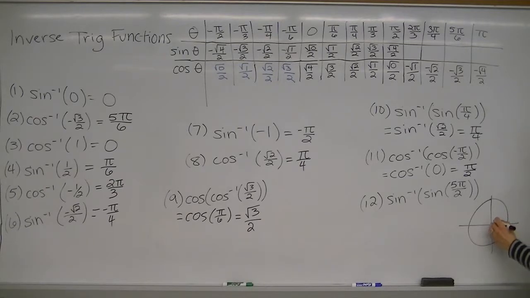So I go 1 pi over 2, 2 pi over 2, 3 pi over 2, 4 pi over 2, 5 pi over 2. So this right here would be my angle once I've gone around the circle once. So I'm hitting the unit circle here, so that means that my sine value would be 1.